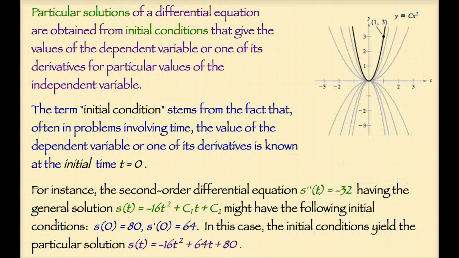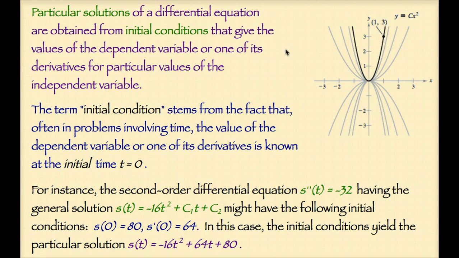From an infinite number of solution curves, we may be interested in narrowing it down to one particular solution. For example, this graph depicts the family of solution curves for y equals cx squared, but we might be interested in the particular solution that goes to the point 1, 3.